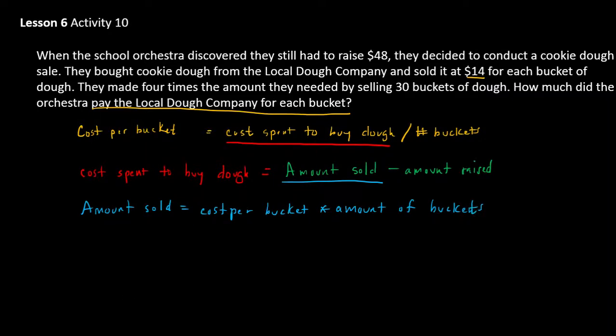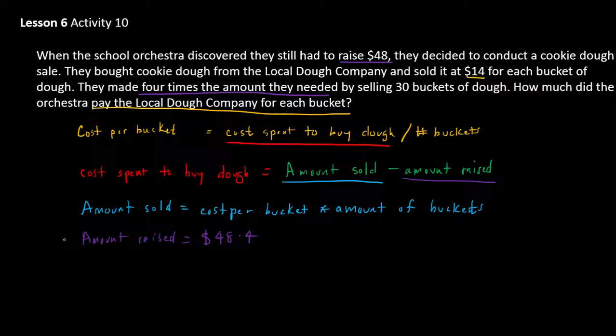Now the amount raised, or in other words, their profit, it says they needed to raise $48, but they made 4 times the amount they needed. So we know they raised $48 times 4, right? They made 4 times what they needed to raise, and they needed to raise $48.